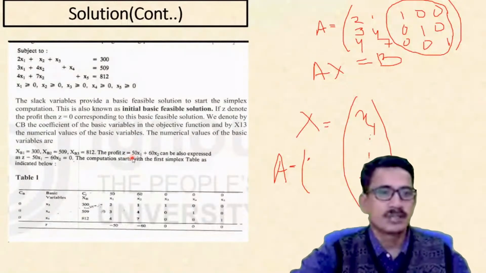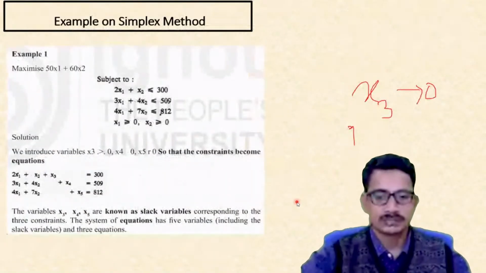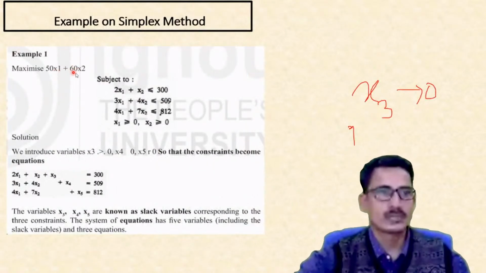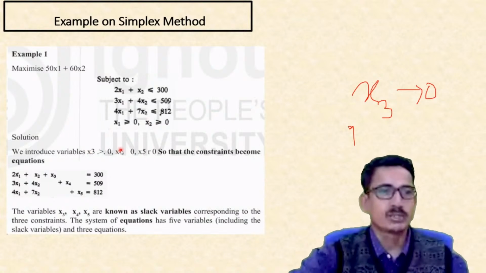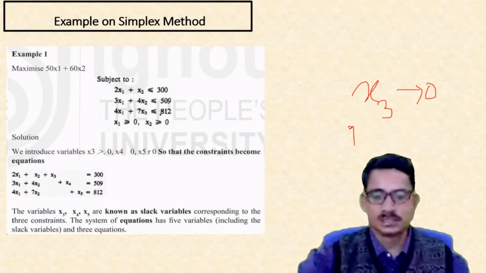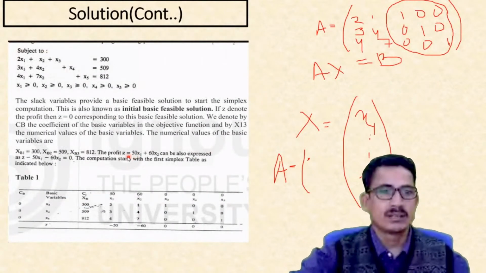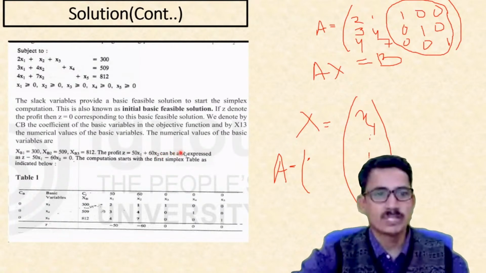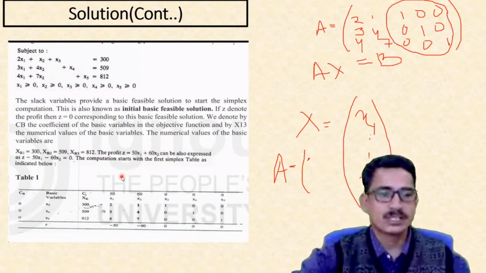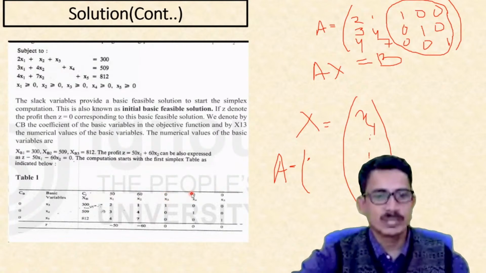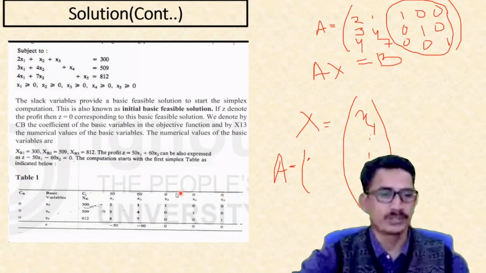Your objective function was 50x1 plus 60x2. So for the slack or surplus variables, whatever you have taken, the coefficient with that variable will be 0. So Z is equal to 50x1 plus 60x2 plus 0x3 plus 0x4 plus 0x5. The slack variable coefficients are 0, 0, 0. And these are C1, C2, C3 (which is 0, because the x3 coefficient is C3), C4, C5. So that has to be written at the top.